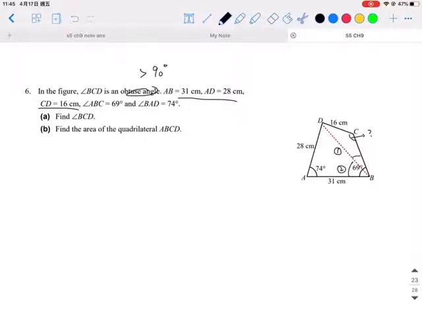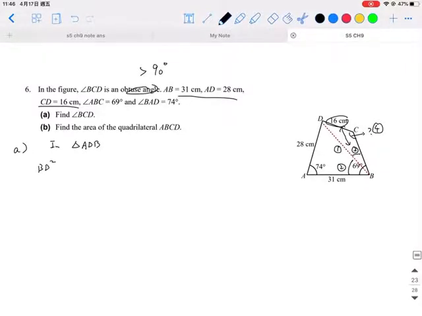And then for the third part, once I get a pair of lines and angles, I will get the final part, which is our target. So I will divide this question into 4 parts. So for the first one, in triangle ADB, I can apply the cosine formula. So BD square is equal to AD square plus AB square. So you can do it by calculator.